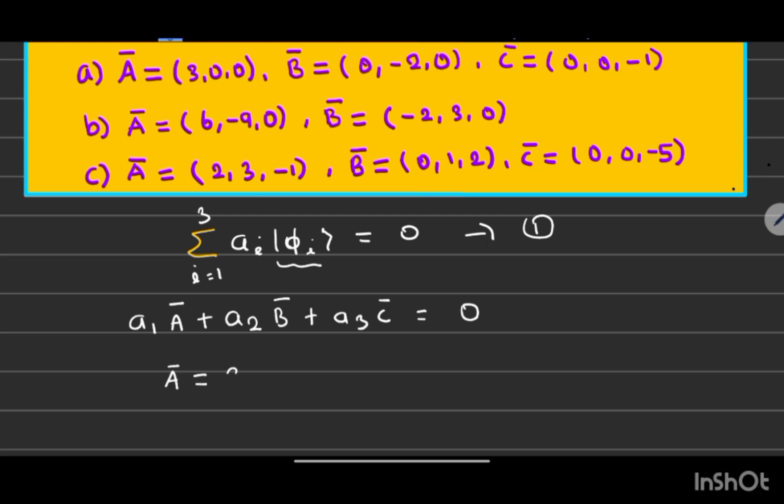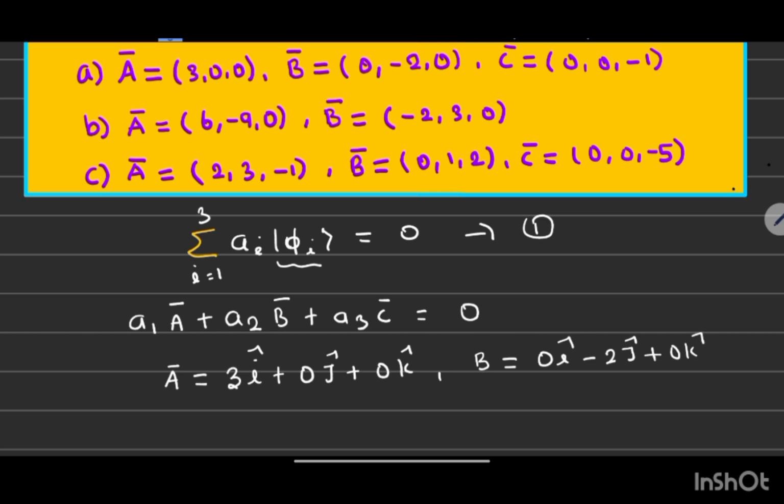We can represent them this way also: a is 3i plus 0 times j and 0 times k, so it has a component only in the x direction. Similarly, b vector is 0 times i vector minus 2 times j vector plus 0 times k vector.